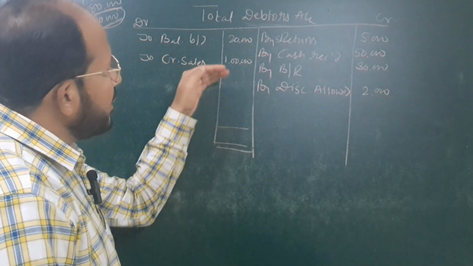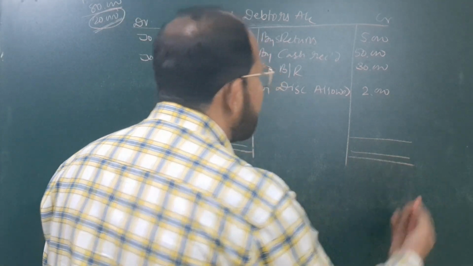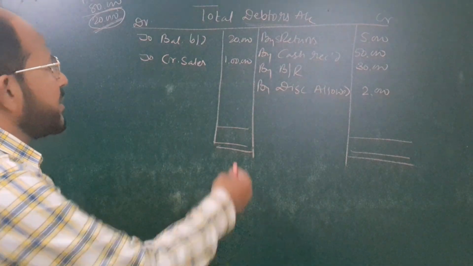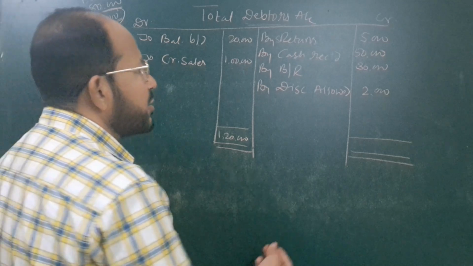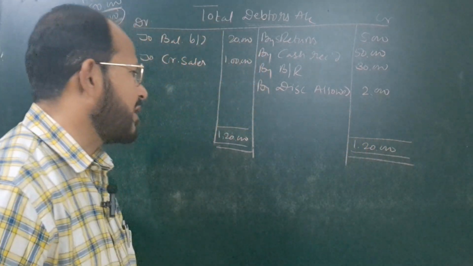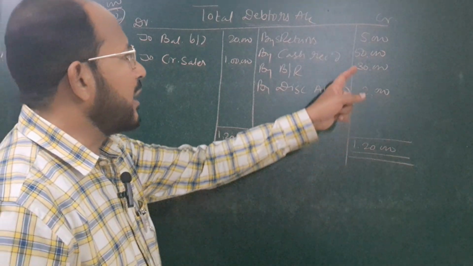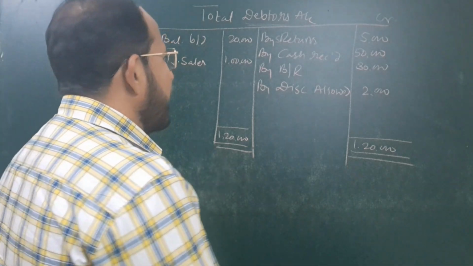When we make this type of adjustments, at the end we are going to get the result. You see here rupees 1,20,000 is on the debit side. Next one is here also 1,20,000, I put because I am balancing the account. Here the total is 87,000.